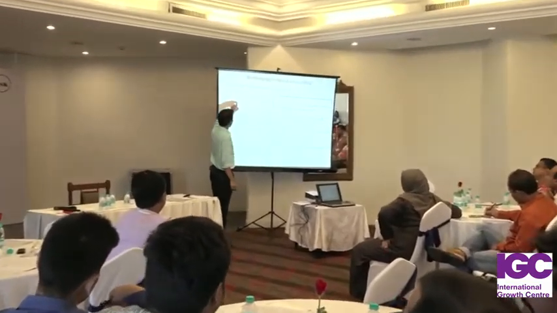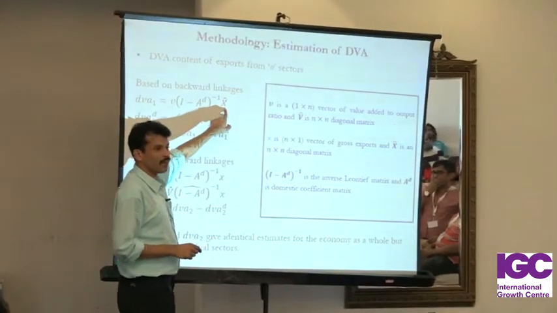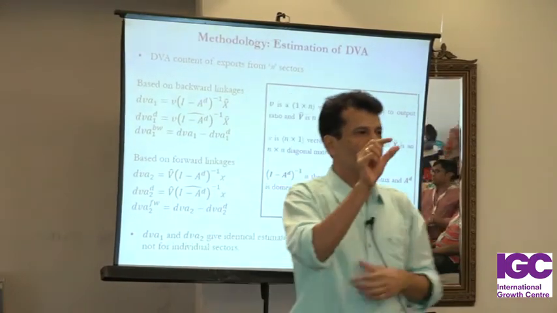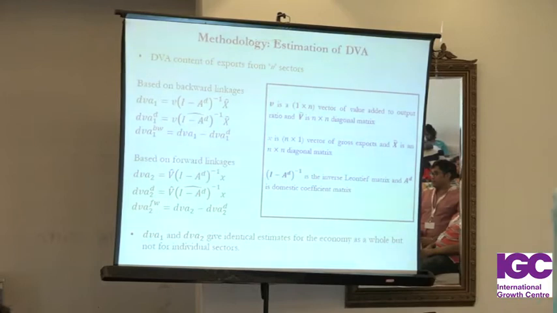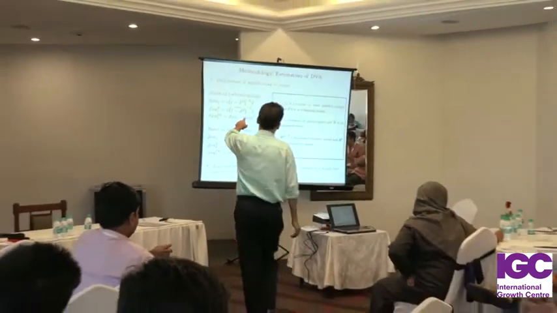So, this ratio, value added to output ratio, is the small v. Now, the X hat is a matrix. That matrix shows the total gross export that customs people are reporting, the export statistics which are available to all of us. If there are 100 sectors, what is the export from all those 100 sectors? That is this X hat.